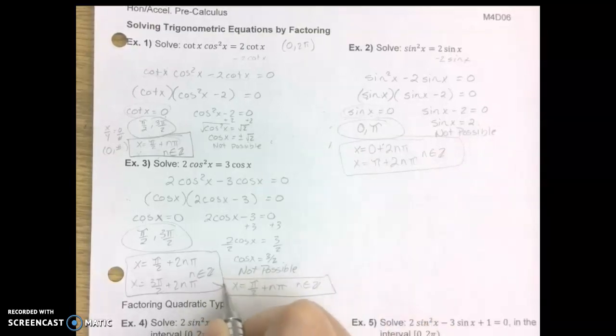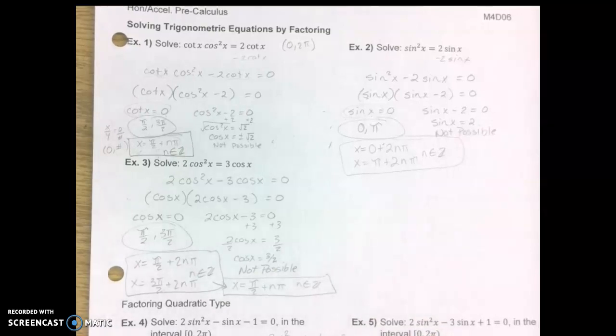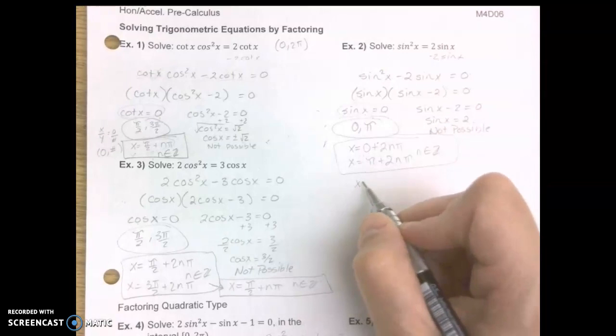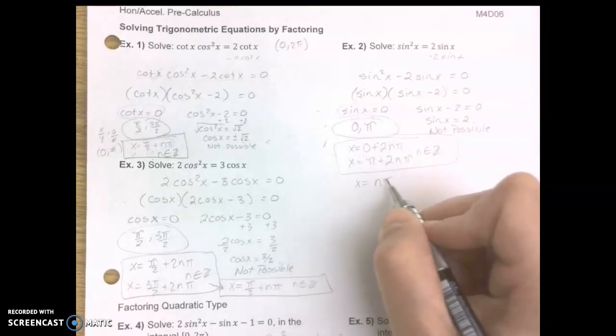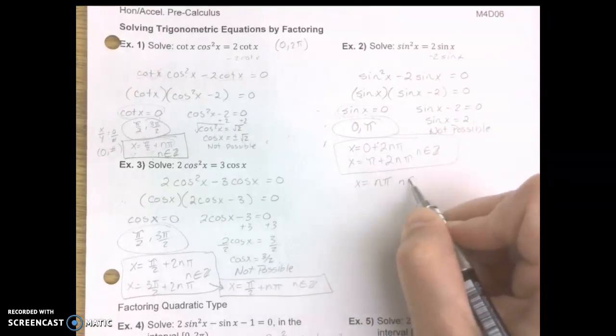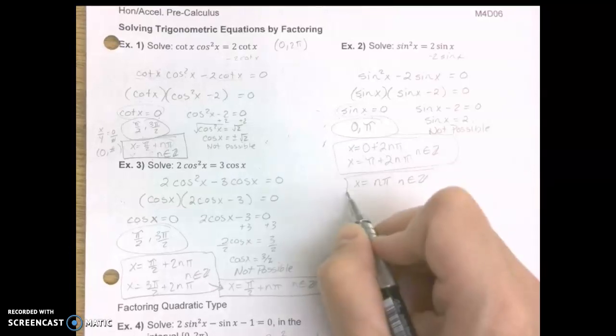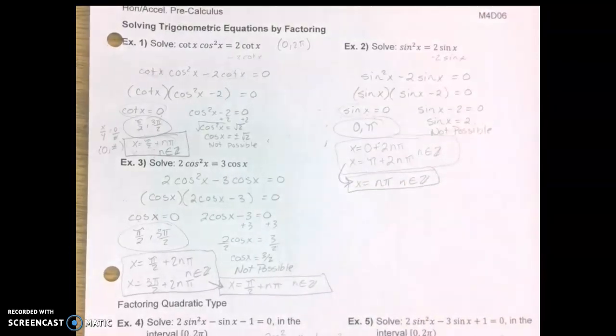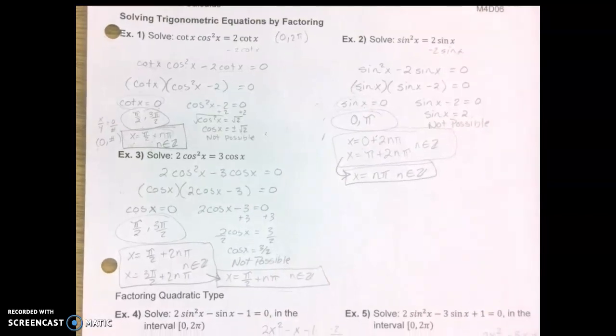Okay, I could combine those. I could also combine these here and say that x is equal to n pi, such that n is an element of the integers. So again, if you need to keep them separate, you're welcome to do so. If you need to combine them, you can do that too.